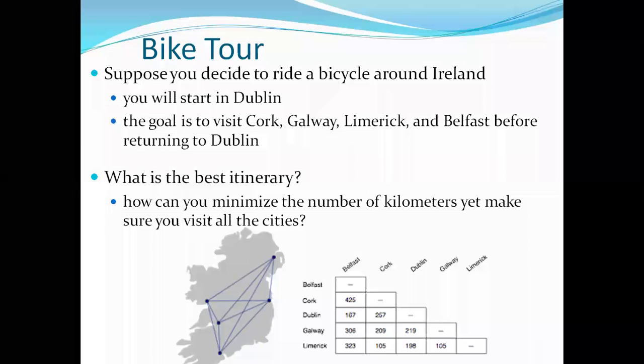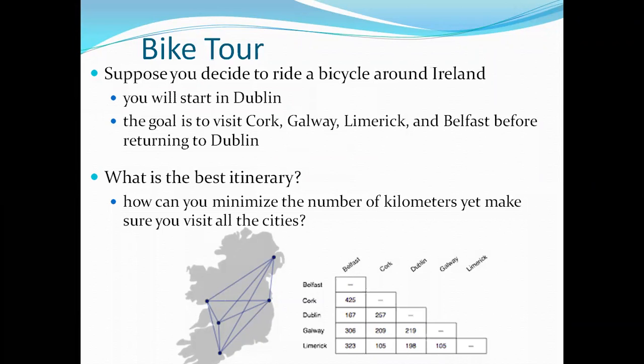So what is the best iterative approach necessary here? How can the route map be minimized with respect to time, and cover all the places you have to visit within the shortest distance?